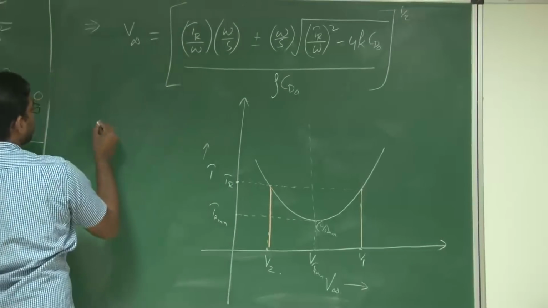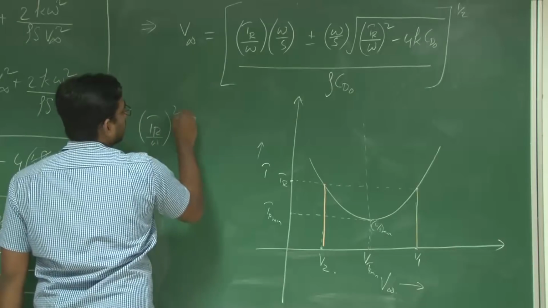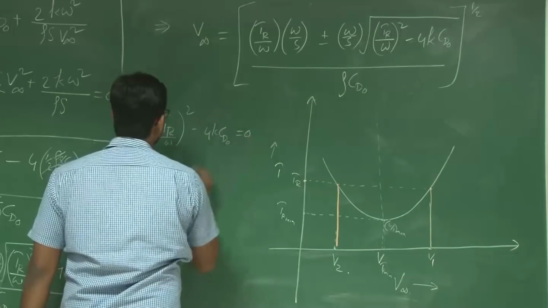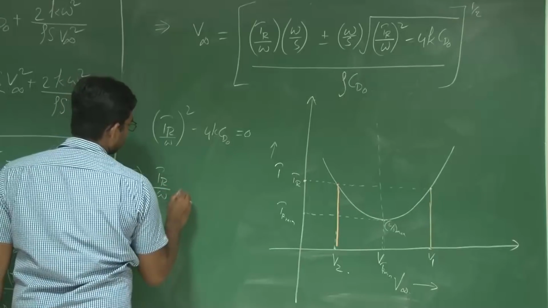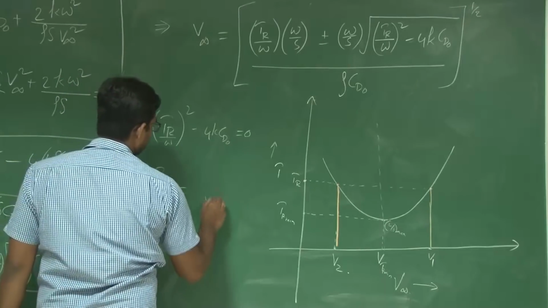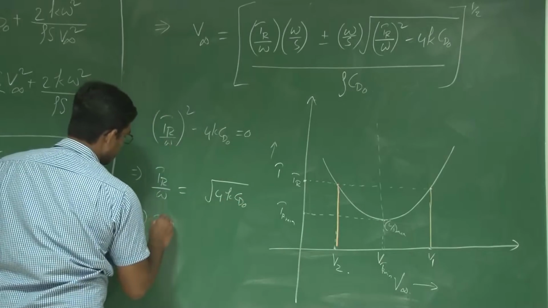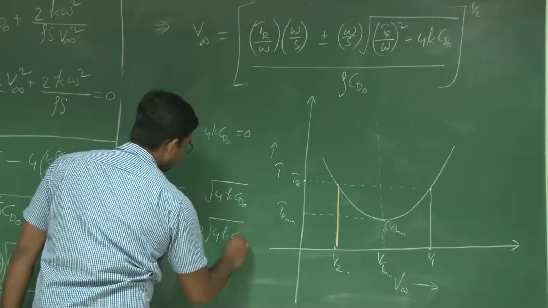So what is the discriminant? TR by W whole square minus 4K CD naught is equal to 0. This implies TR by W is equal to root over 4K CD naught. This means TR is equal to W into root over 4K CD naught.